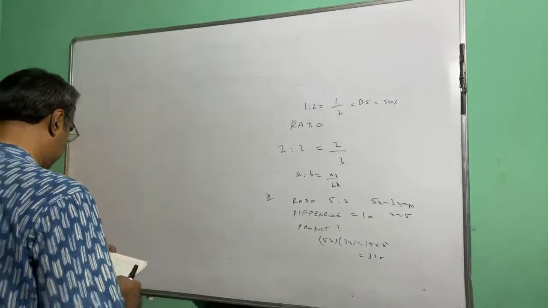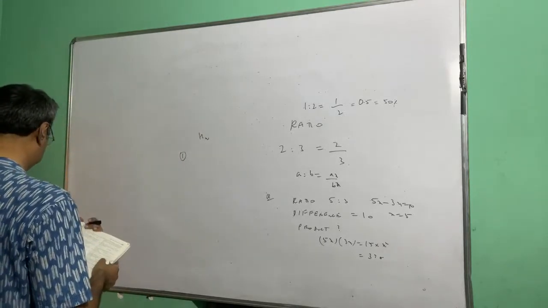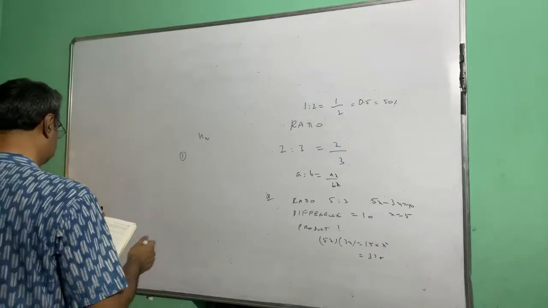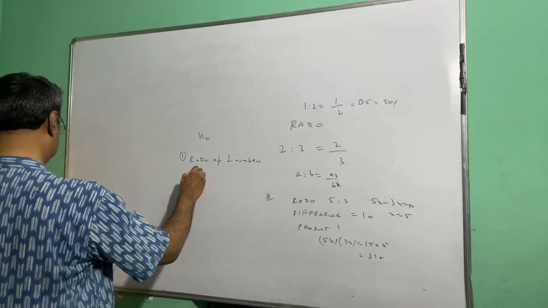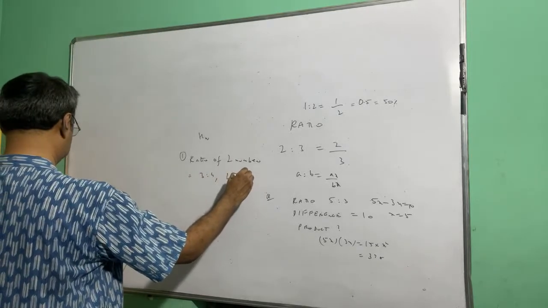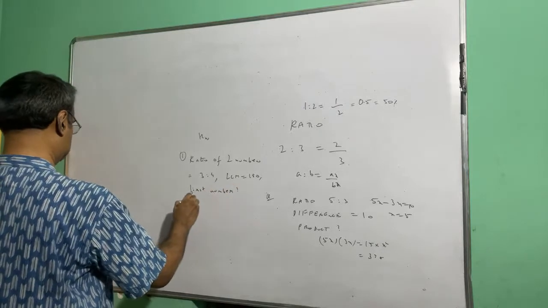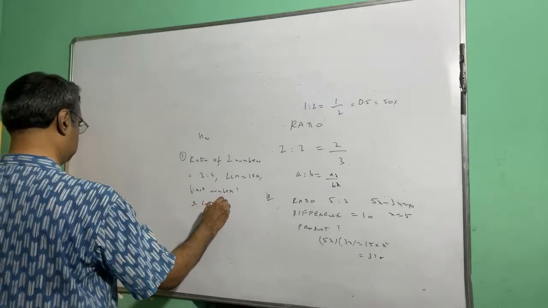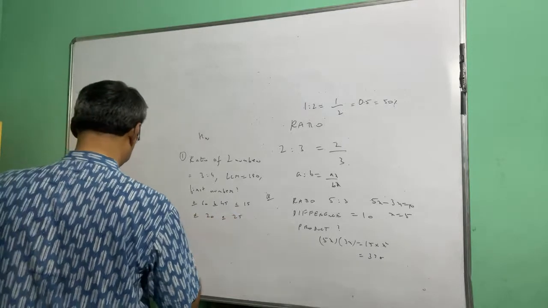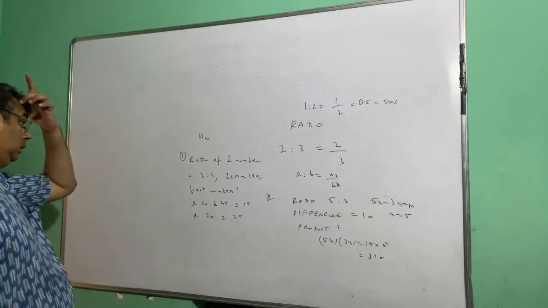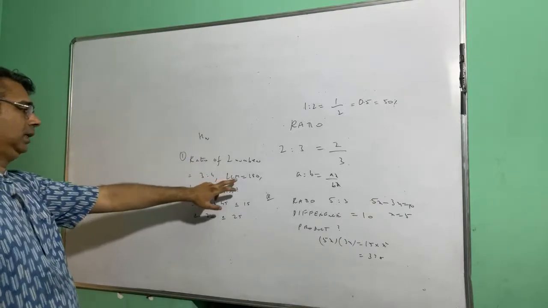Based on this, I am giving you the homework. The first question: the ratio of two numbers is 3:4 and the LCM is 180.